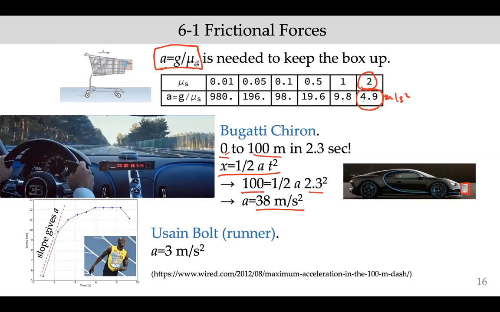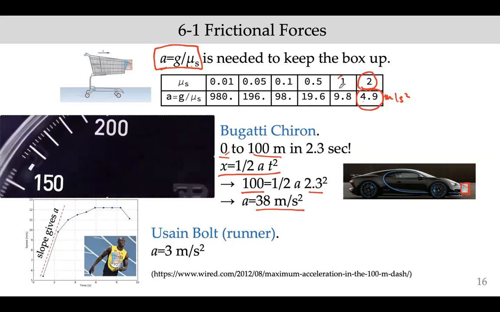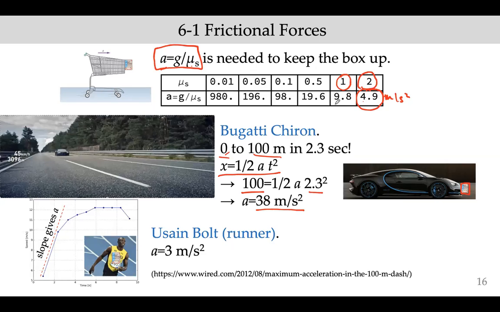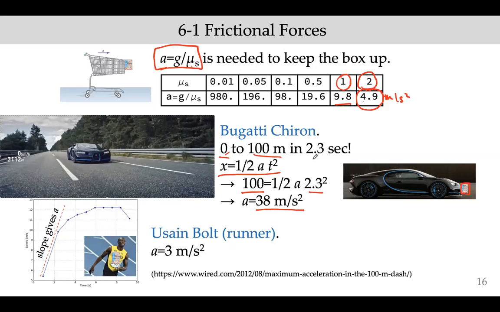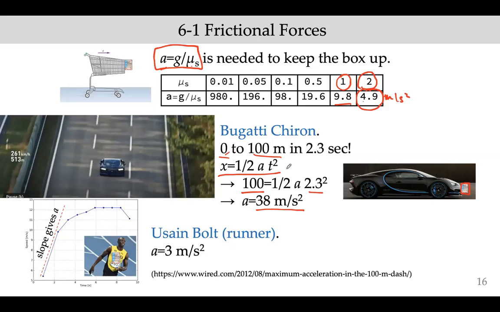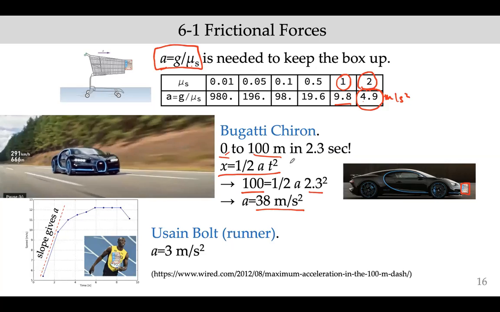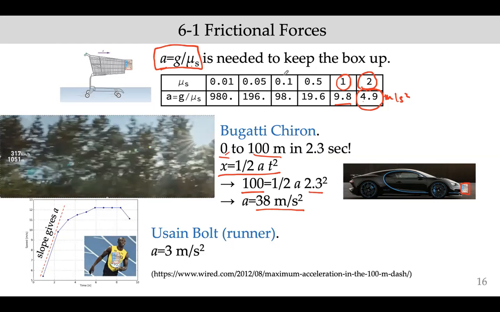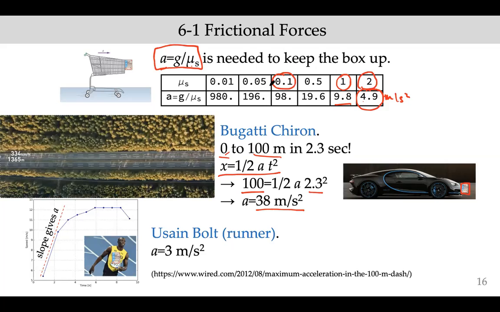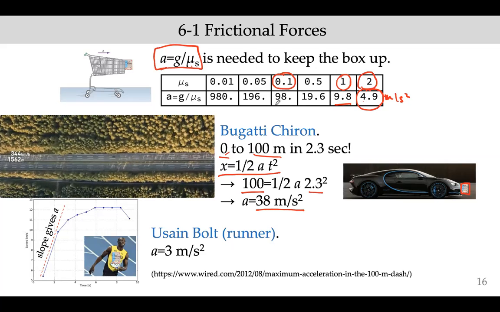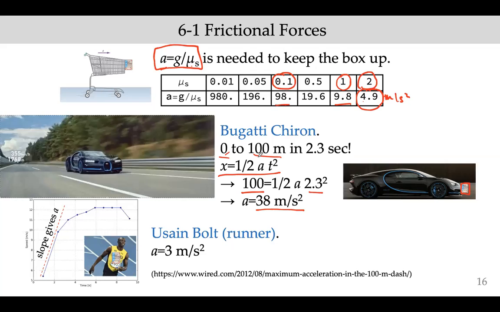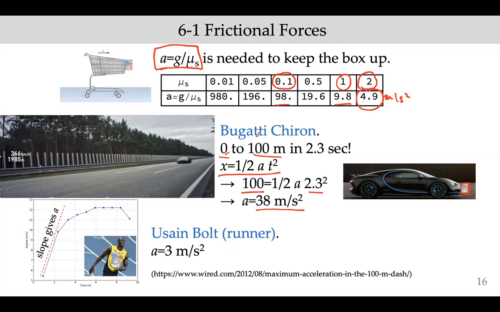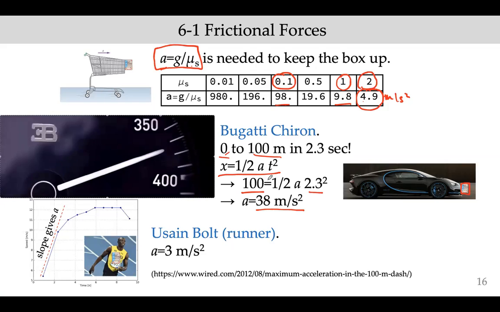If the mu s is smaller, then you need this much acceleration, about 10 meters per second squared. Still, the Bugatti Chiron can do it. If you have the mu s as 0.1, then the acceleration that you need is 98, almost 100 meters per second squared. And for this case, even the Bugatti Chiron cannot do it.